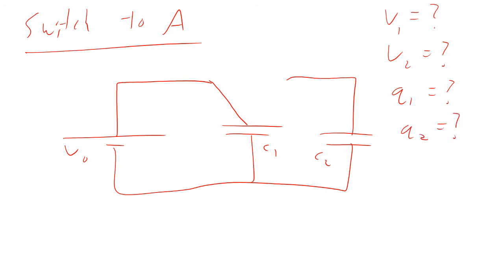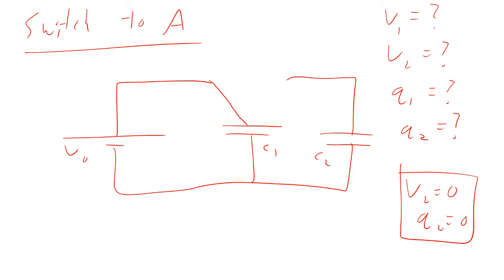Well, this actually turns out not to be that hard, because right away we see that capacitor 2 is not even connected. If capacitor 2 is not connected, V2 is 0 and Q2 is 0. Done. We got half of the question done right now.